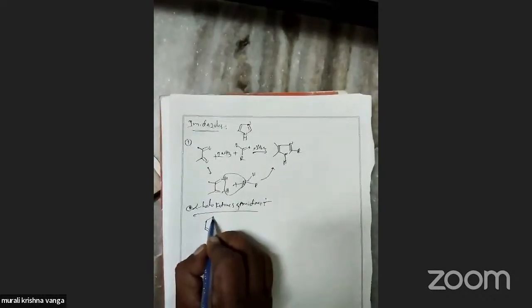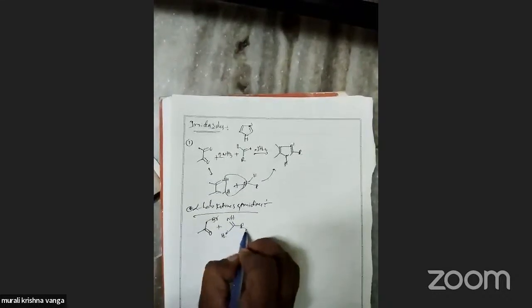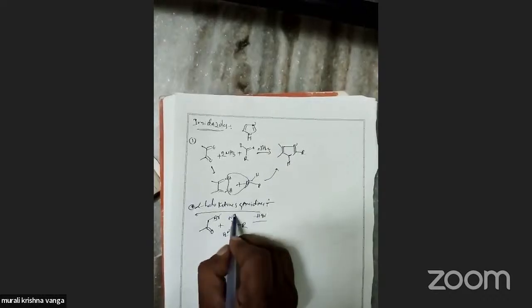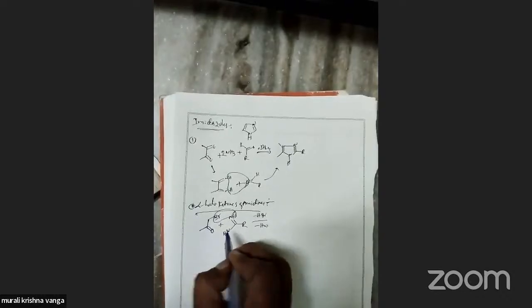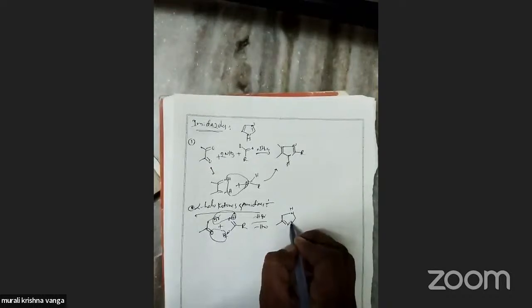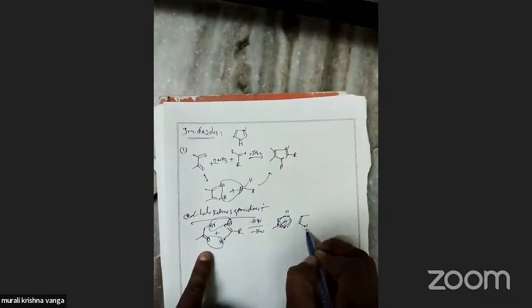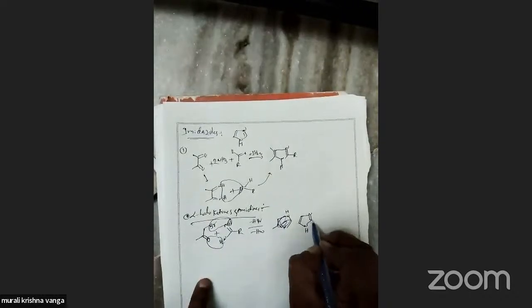When alpha haloketone reacts with amidine, by loss of HBr and by loss of water molecule, it forms the imidazole product.